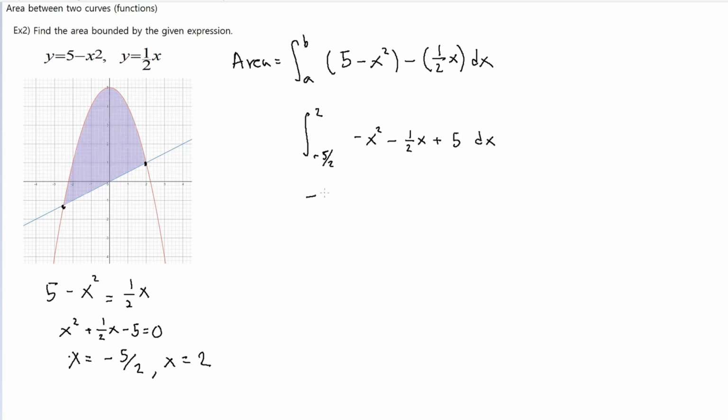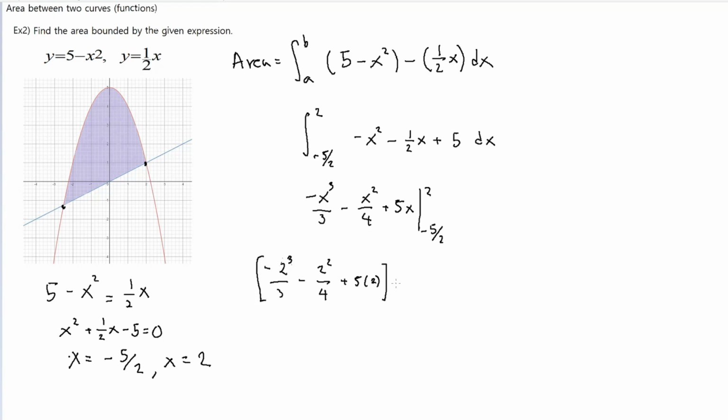If you integrate this, you're going to get negative x to the third over 3 minus x squared over 4 plus 5x, and calculate this from negative 5 over 2 to positive 2. So it'll be negative 2 to the third over 3 minus 2 squared over 4 plus 5 times 2.